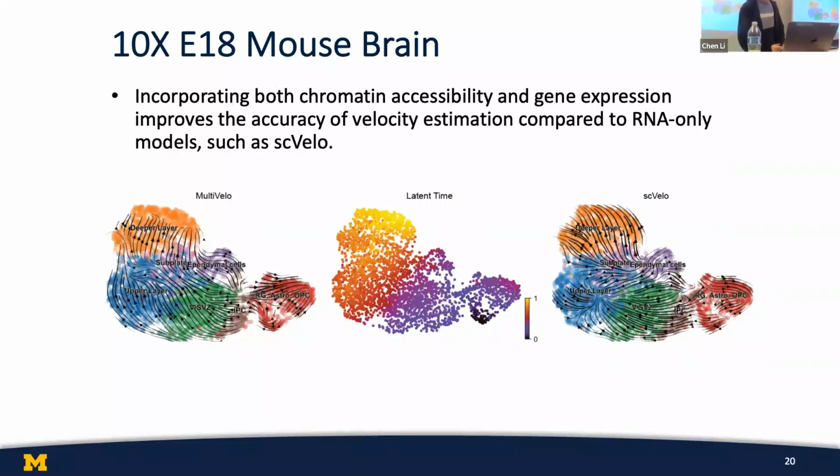But if we look at only the RNA velocity result from scVelo, we see that there are backflows in the upper layer, and there's an unexpected inward flow in ependymal cells. But in contrast, MultiVelo predicts the velocity streams very accurately and agrees with the biological expectations.